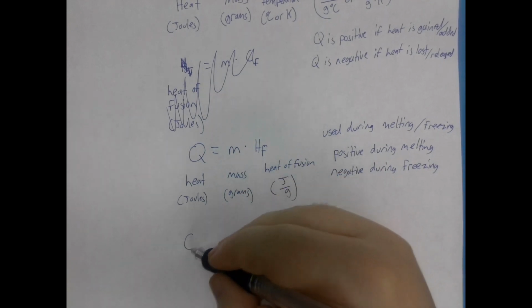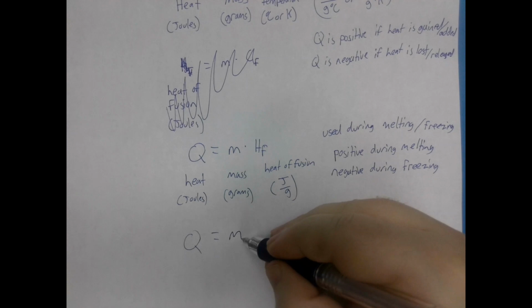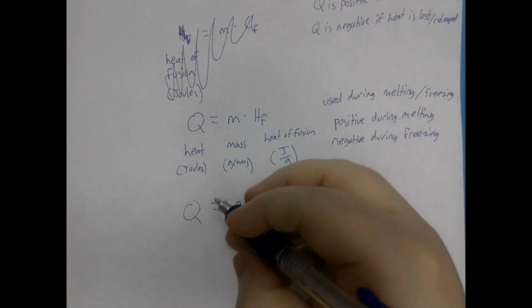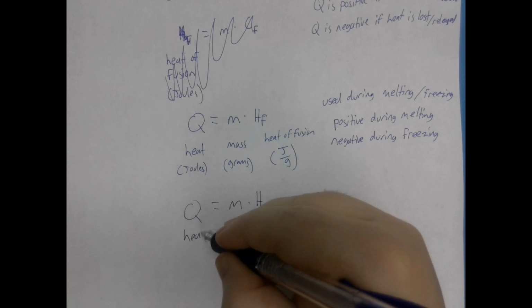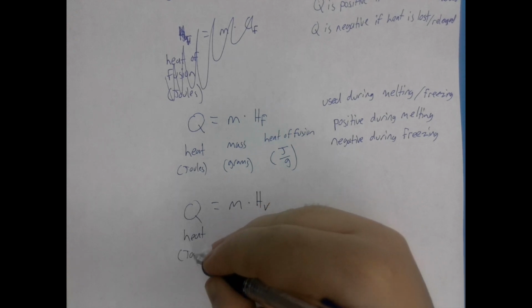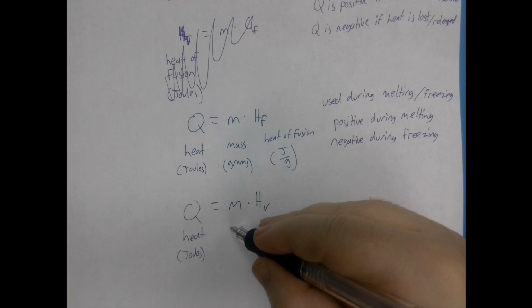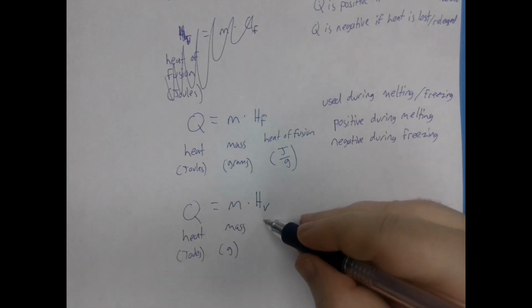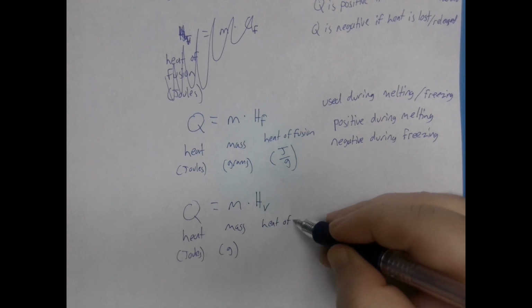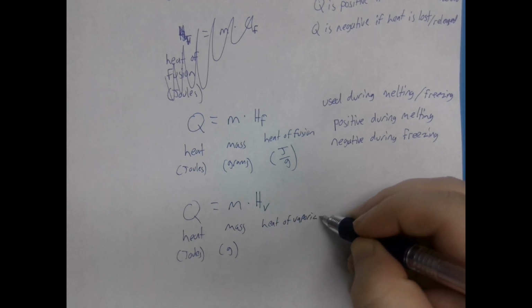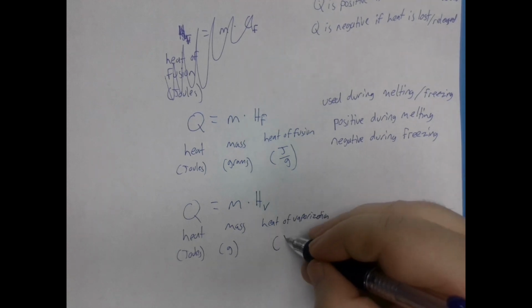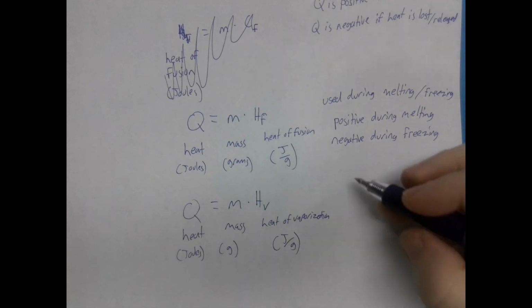And then we have Q equals mass times heat of vaporization. Heat of vaporization constant would probably be a better word here. Still joules per gram.